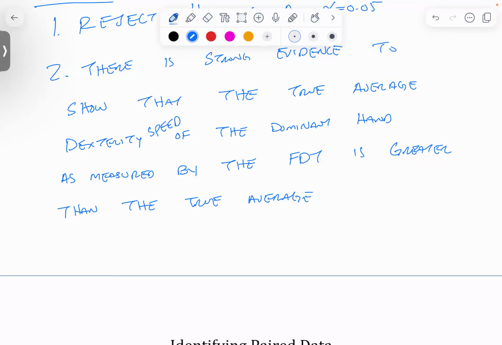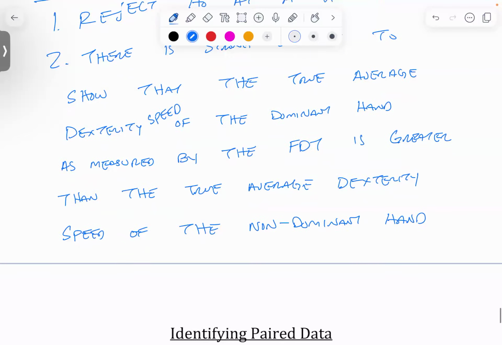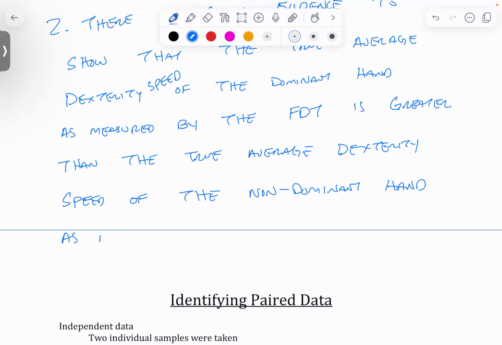The true average dexterity speed of the dominant hand as measured by the FDT is greater than the true average dexterity speed of the non-dominant hand as measured by the FDT among 5 to 18-year-olds.